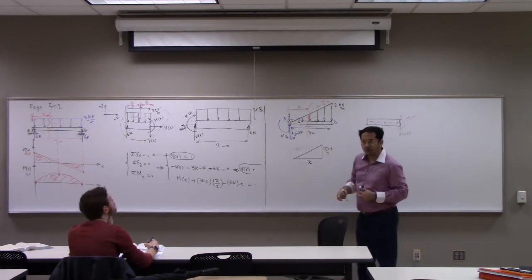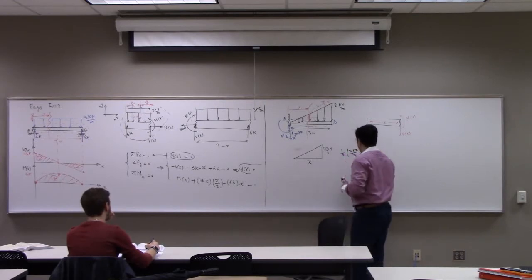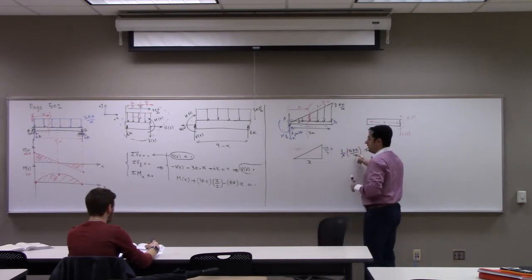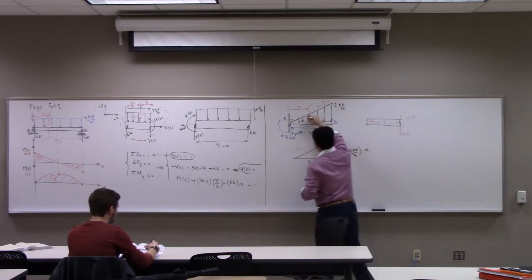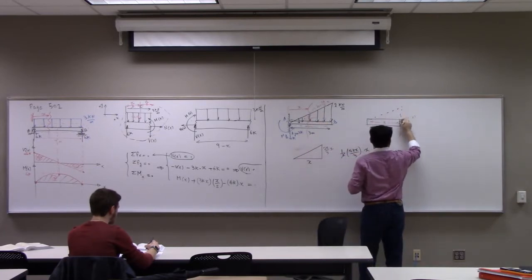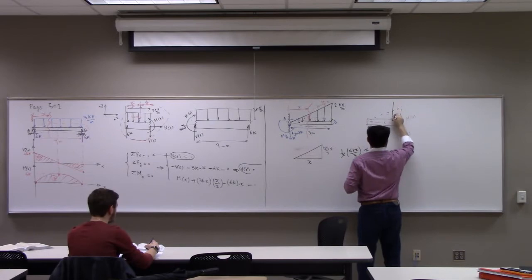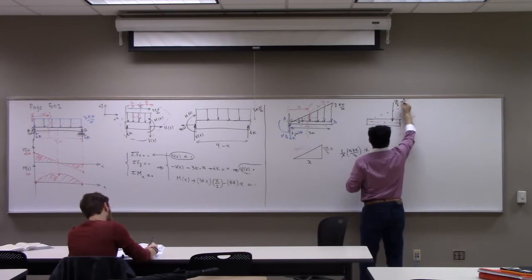It is 1/2 of 2k over 3 times x, the height times the base. This cancels out with that, so it's 1/3 of x squared. So I put it here at the centroid. If I put it at the centroid, in fact, this is the distributed load, right? I have to put it at the centroid. The value is 1k over 3 x squared, and it goes down.